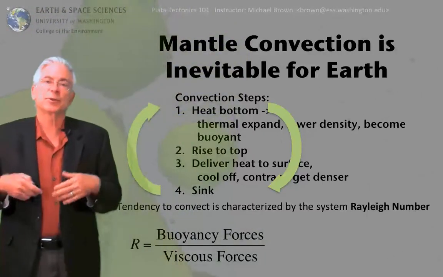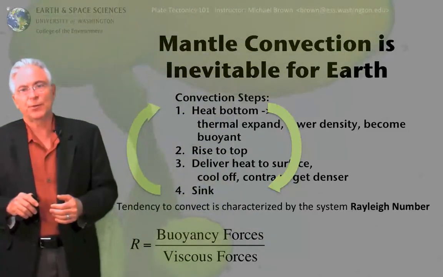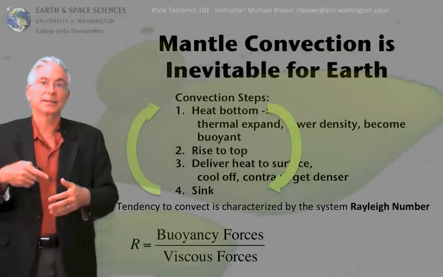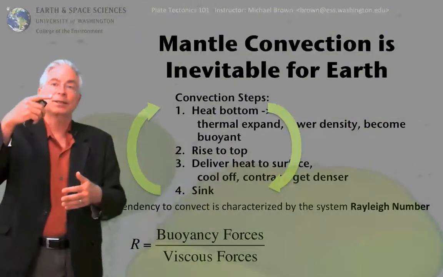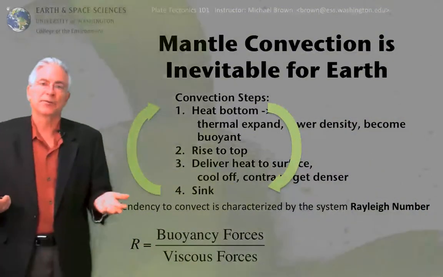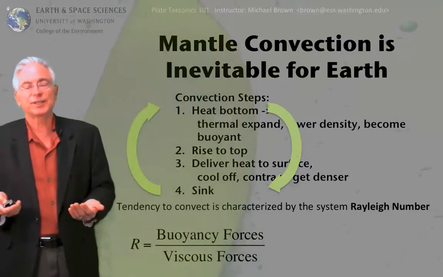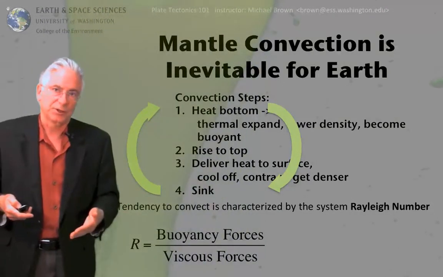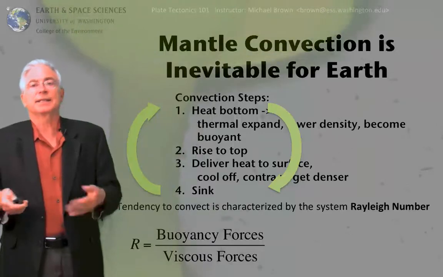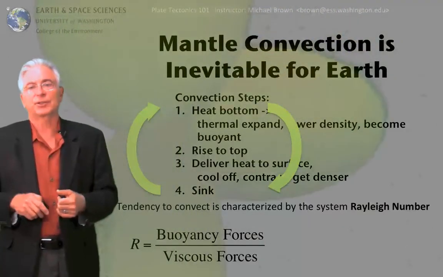Obviously, if buoyancy forces are large compared to viscous forces, a system can convect. It can rise up and sink down. However, if the material is too viscous, very large viscous force, then it can impede the convection.